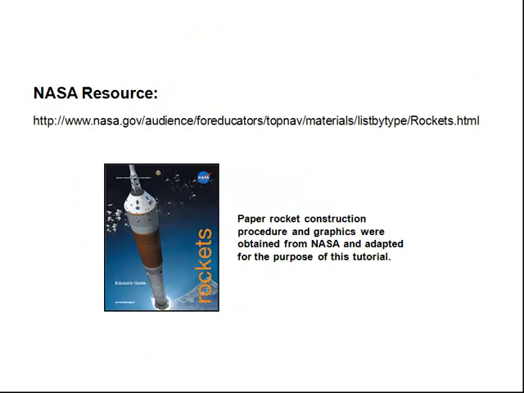For today's tutorial, we're going to be pulling resources from the following NASA resource. To access this resource, feel free to go ahead and enter the following address in your web browser to pull up the PDF of today's lesson. Or you can directly access the resource from nasa.gov.